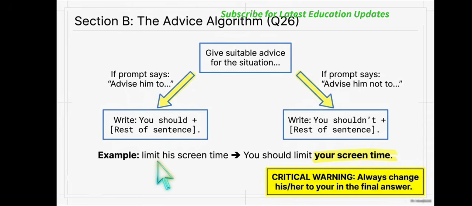Your friend is using this mobile phone excessively, advise him to limit his screen time, right? So you should limit your screen time, right? So the critical warning is always change his or into your in the final answer, right? So here, when our prompt says advise, we have to use you should, and when it says advise him not to do, we use you should not and complete the sentence with v1.